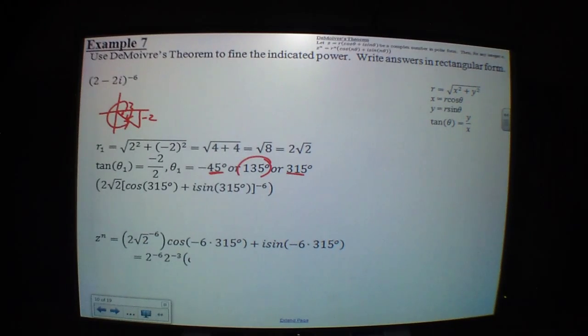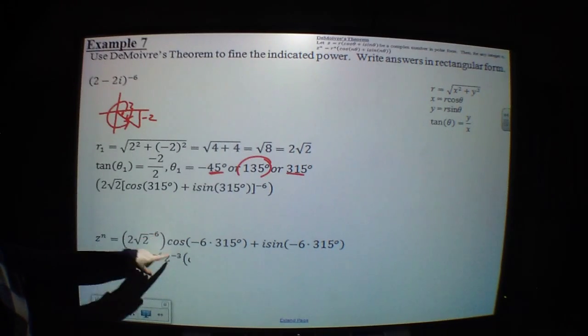You can think of this as 2 to the 6th power. This is 2 to the half power to the -6, which would be 2 to the 3rd.